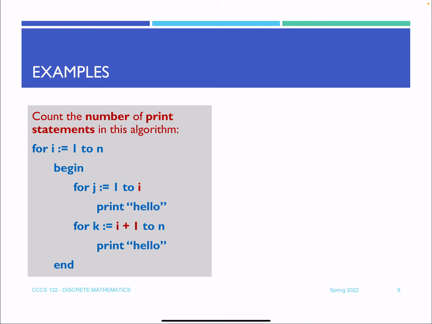So the outer for loop is still going from 1 to n, but on the inside, the second for loop goes from 1 to i, and then the third for loop, also inside loop number 1, goes from i plus 1 to n.